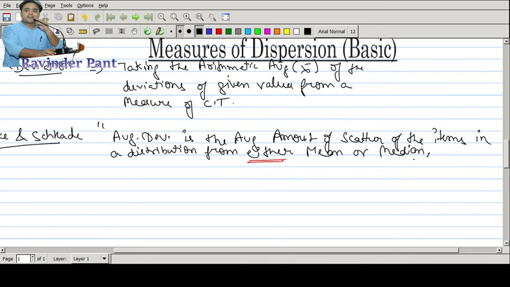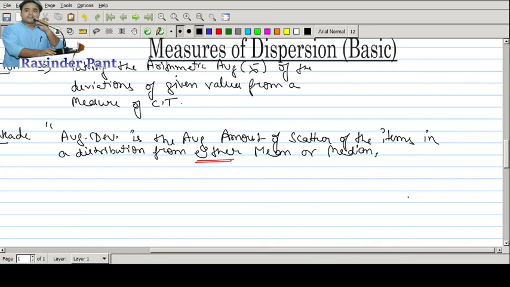So where it is not possible to calculate the mean, we take another central tendency measure, the median, to calculate the mean deviation or median deviation, the average deviation. Important thing is ignoring the signs of the deviations.